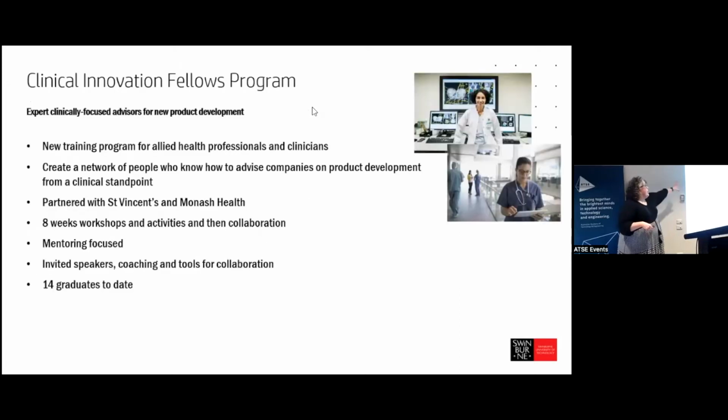And then we created also the Clinical Innovation Fellows program, because again, after all of that clinical insight, we realized that actually there were a lot of clinicians out there who wanted to know more about product development. We've now run 2 cycles of this program and trained up 14 clinicians from across Monash Health and St Vincent's in product development.